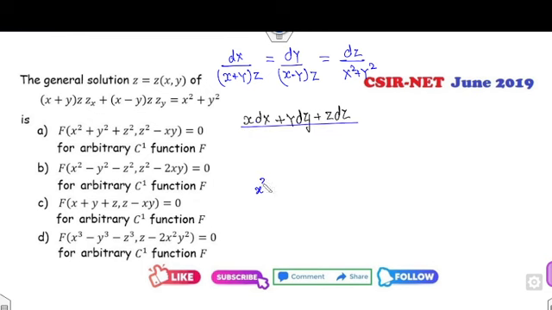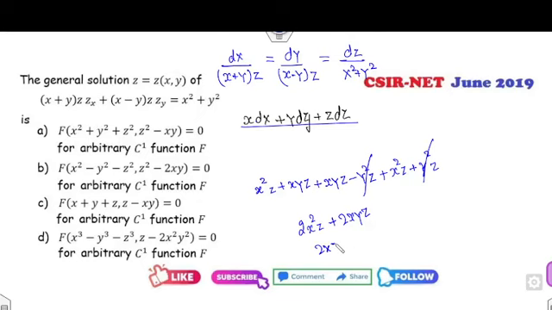If I multiply this x square into z, x, y, z, multiply this by y, x, y, z minus y square z, this multiply by z plus x square z, y square z. So you can see it will be twice x square z plus twice x y z. Twice x z common, x plus y.